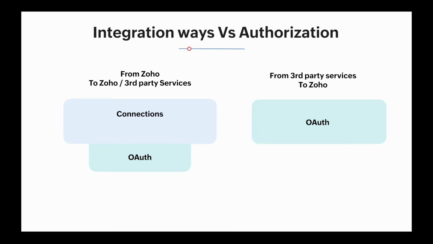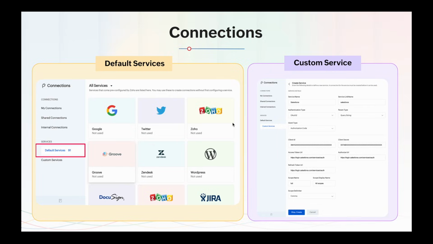And if you want to use the APIs from third-party services, you would use the typical OAuth way, using your JS scripting and things like that. So from the connections perspective, that is where you would use Zoho's existing Deluge ecosystem to write custom code to connect with the other applications or Zoho's applications. You would find the way to do this in two ways.